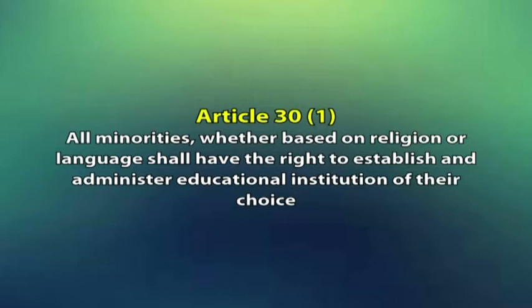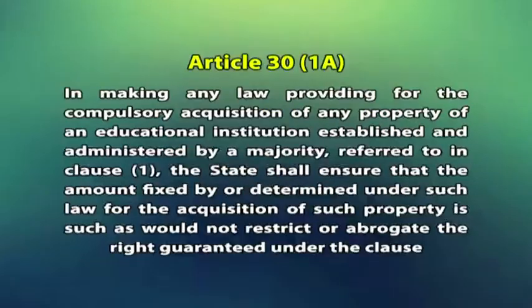And Article 30 reads, Clause 1, all minorities, whether based on religion or language, shall have the right to establish and administer educational institution of their choice. Clause 1a, in making any law providing for the compulsory acquisition of any property of an educational institution established and administered by a minority referred to in Clause 1, the state shall ensure that the amount fixed by or determined under such law for the acquisition of such property is such as would not restrict or abrogate the right guaranteed under the clause.